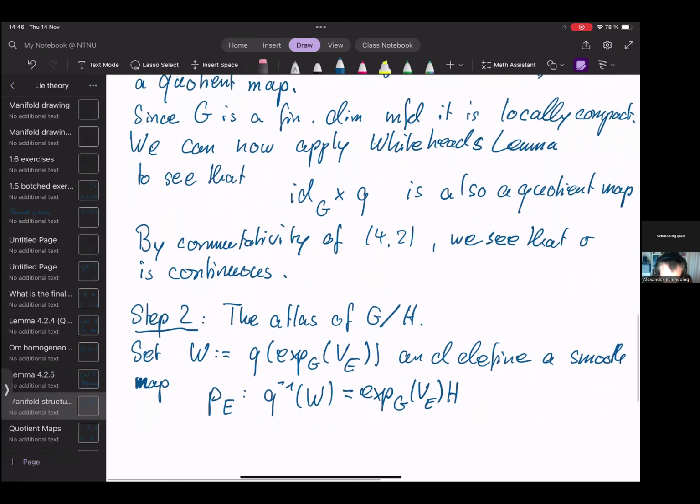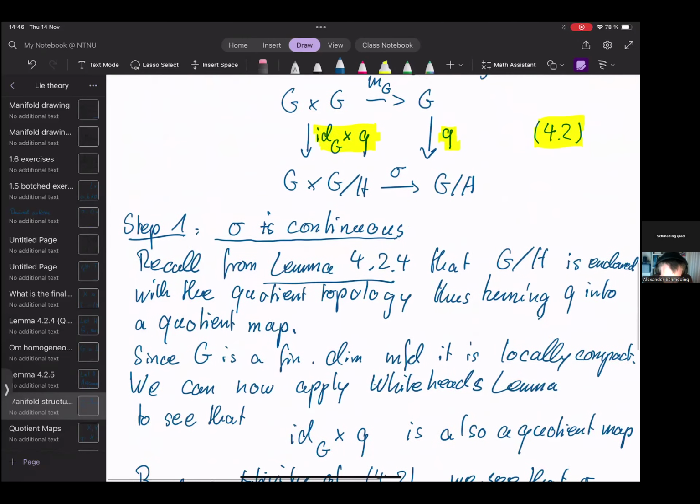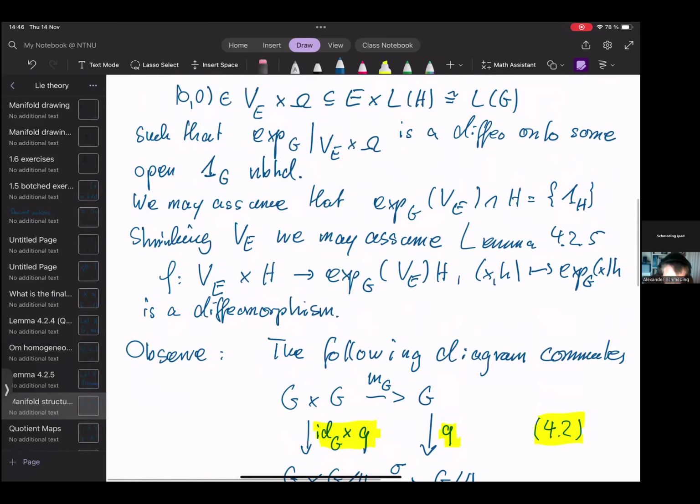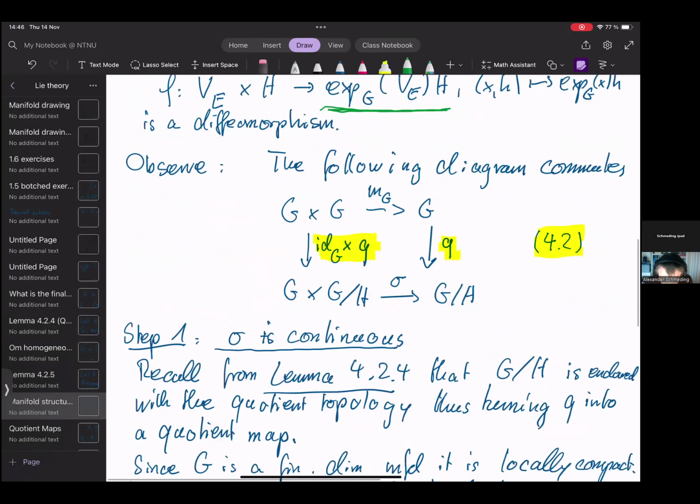Let me just backpedal a bit to the preparation. So we have here in the preparation exactly the set on which we define our map PE. So this set is the image of our diffeomorphism phi.